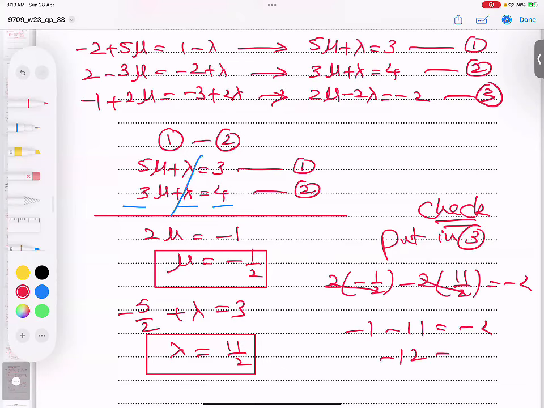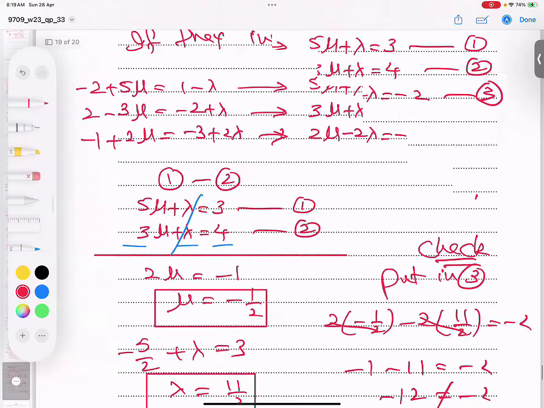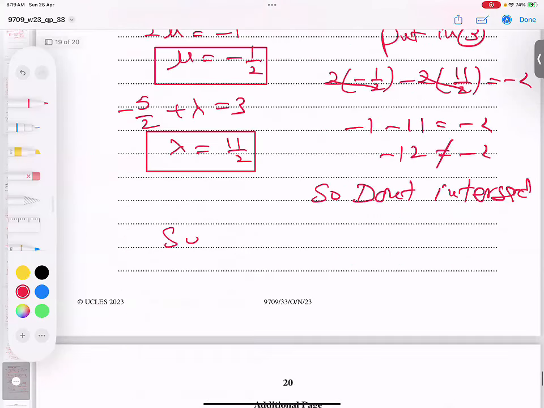I got -12, -2. They are not equal to each other, so they don't intersect. And if they don't intersect, students, what can I say? They are parallel to each other. Okay, so they are parallel, so proved. So L and M are parallel to each other.